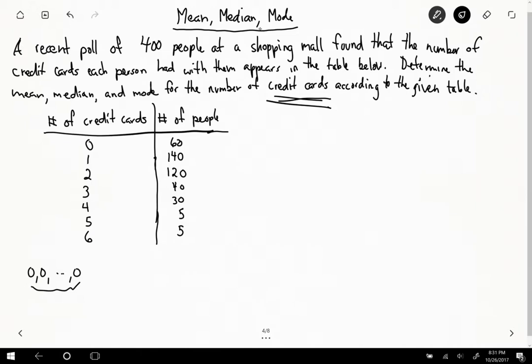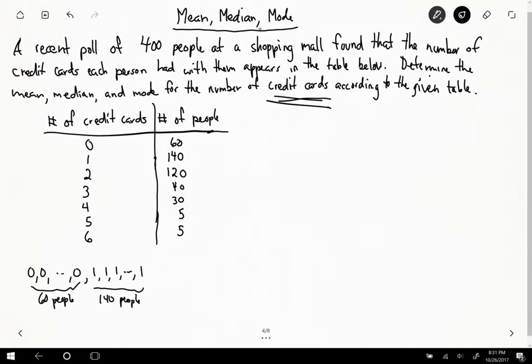How many, in fact? We can say there are 60 people with zeros. In a similar manner, you have 1, then 1, then 1, and so on, finishing with a 1. There are 140 ones appearing in our list.